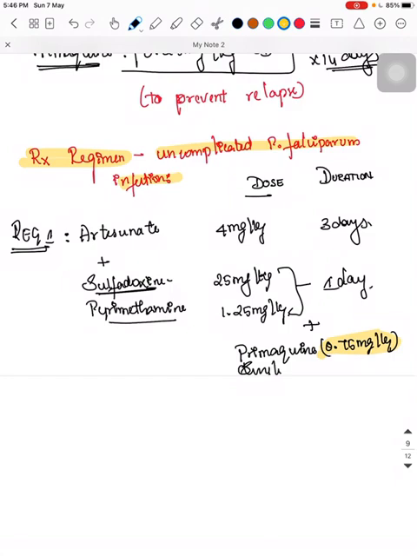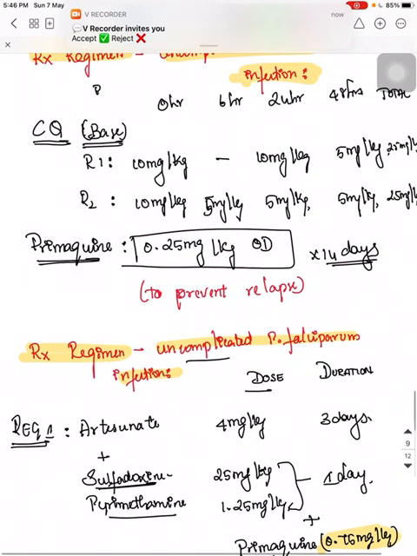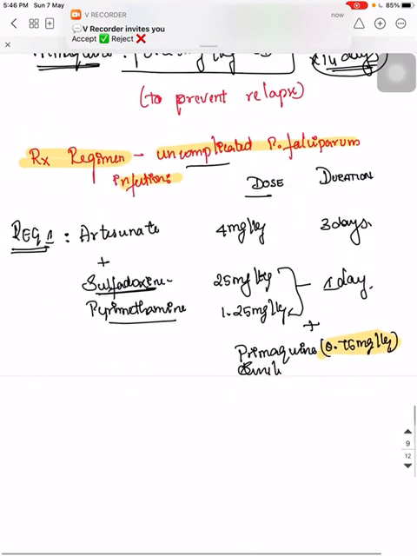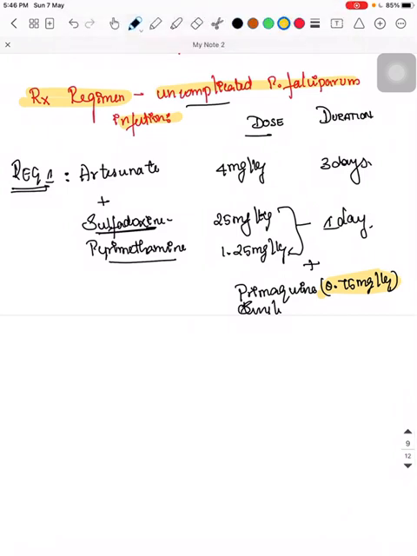Along with this, we give primaquine at the dose of 0.75 mg per kg as a single dose. In uncomplicated vivax infection, we give primaquine for 14 days, while in uncomplicated Plasmodium falciparum, we give it as a single dose.